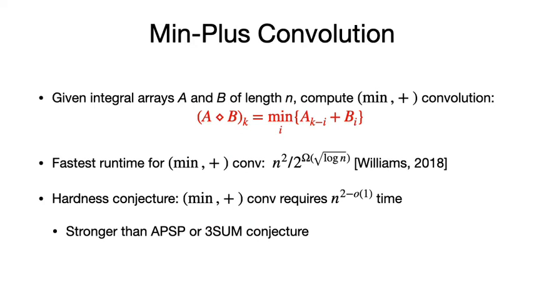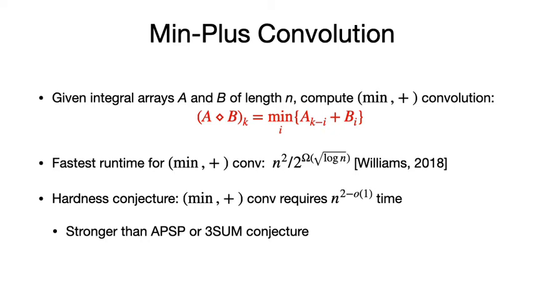Besides min plus computation between matrices, we can also define min plus computation between sequences. More specifically, given two integer arrays, we can define min plus convolution between these two arrays using this formula. The textbook algorithm for this problem has quadratic time, and the fastest runtime so far for min plus convolution is better by a subpolynomial factor.